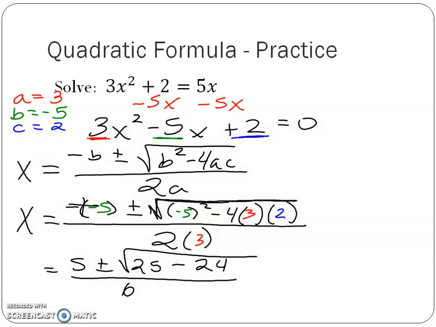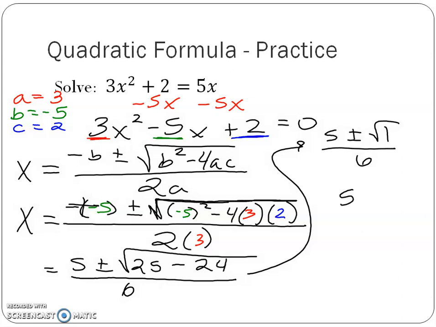What is 25 minus 24? That would be 1. So I have 5 plus or minus the square root of 1, over 6. The square root of 1 is just 1, so I have 5 plus or minus 1 over 6.